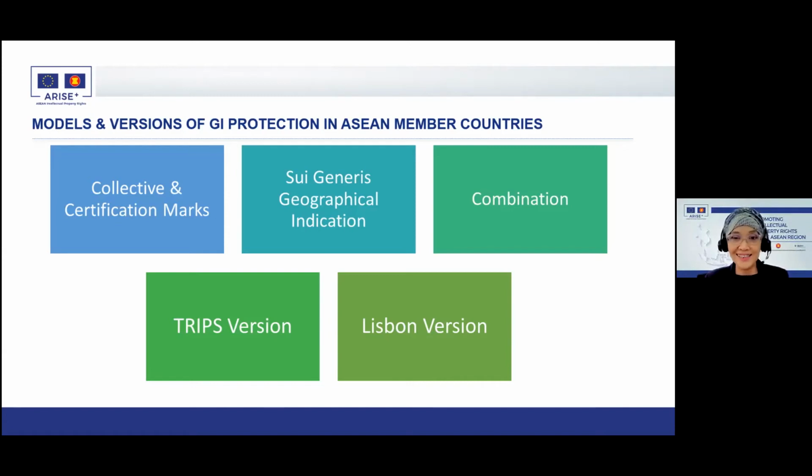Experts of GI said, wait, it doesn't mean that, because GI is a sign, but it is not a trademark. It's different. Trademarks and GI both have a logo, right? They deal with logos, but they're different.